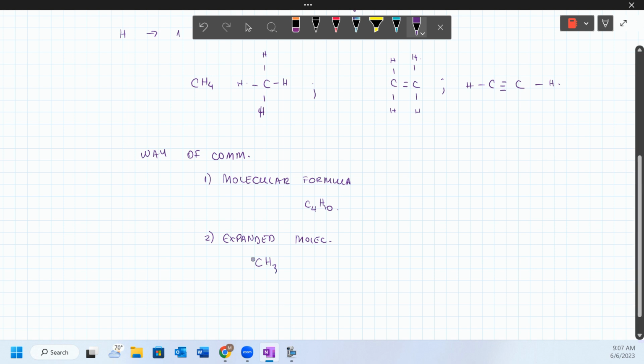The first one is bonded with 3 hydrogens, and then the second one is bonded with 2 hydrogens, because 2 bonds are going to be connected with the first carbon and with the third carbon. The third carbon, same deal. And then the last carbon has CH3. The third way of communicating in organic chemistry is the structural formula.